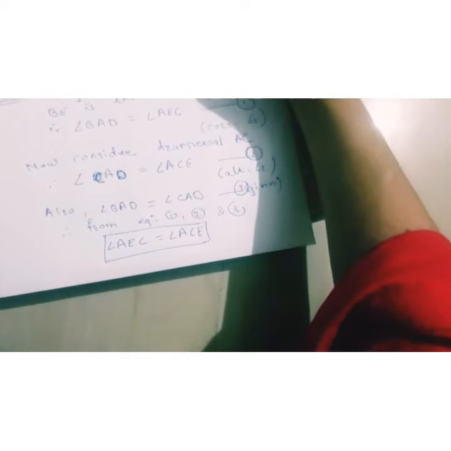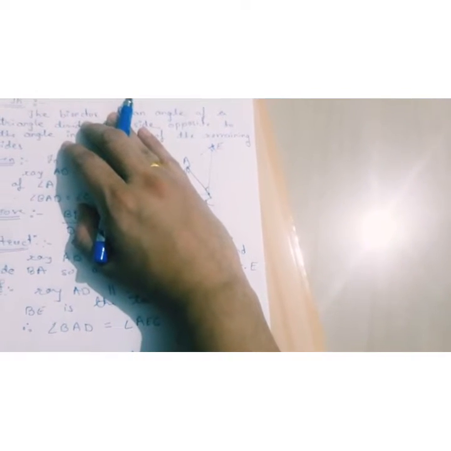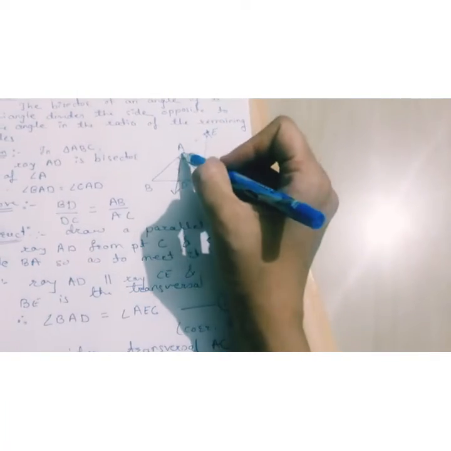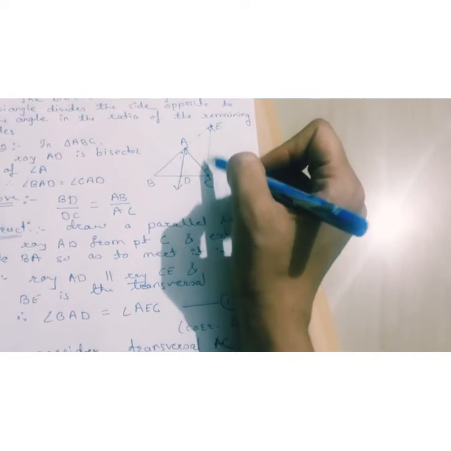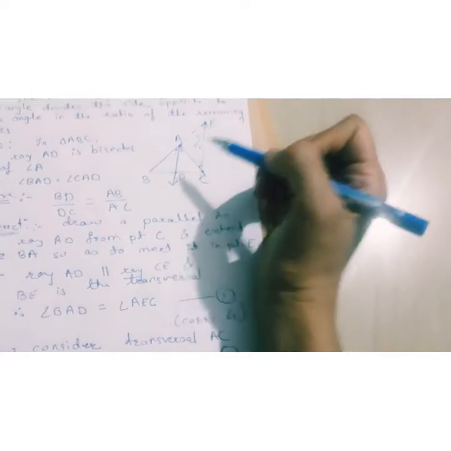Means which two angles? ACE and AEC, these two angles are equal. Now just pay attention: in a triangle, if two angles are equal, then the sides opposite to those angles are also equal. So just look here.